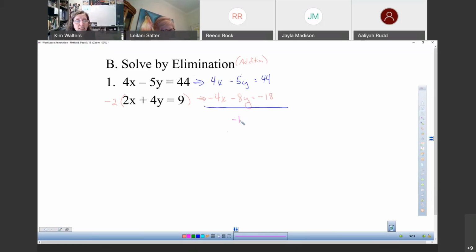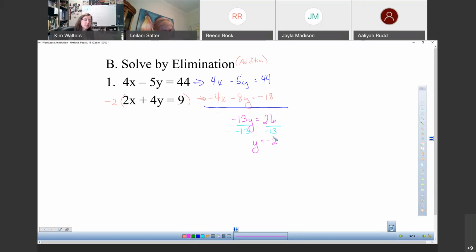I have -13y is equal to 26, because I added my y's, I added my constants, I added my x's. And now I have an equation. I can divide both sides by -13.